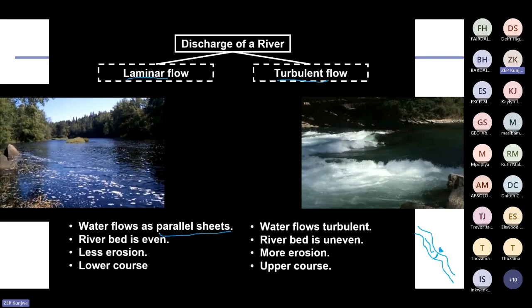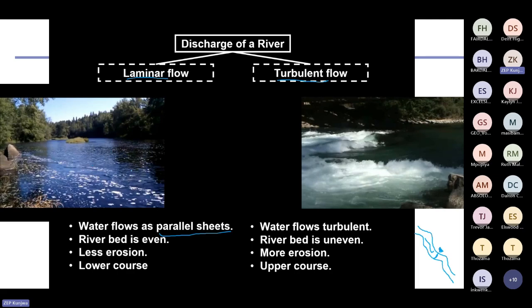Which means the water, as you can see there, by parallel sheets, what are we talking about? Sorry, I'm panicking because of time, because I really want to explain this. If you throw a stone in the water, you are going to see the layers of the water moving.